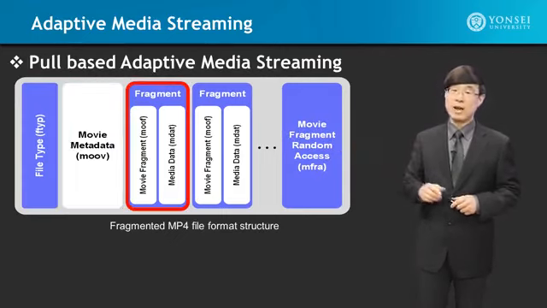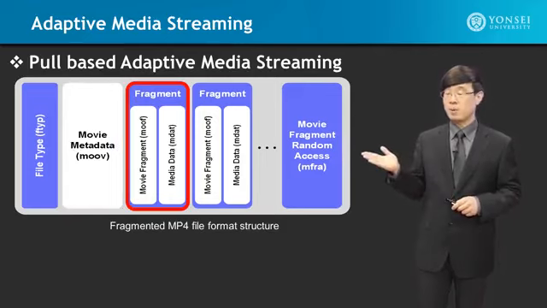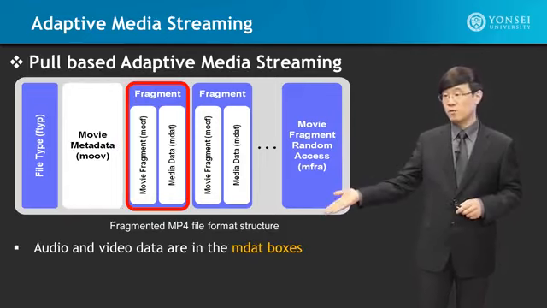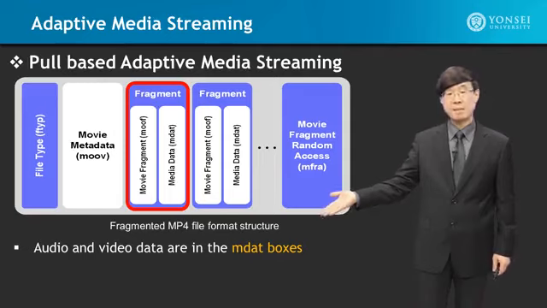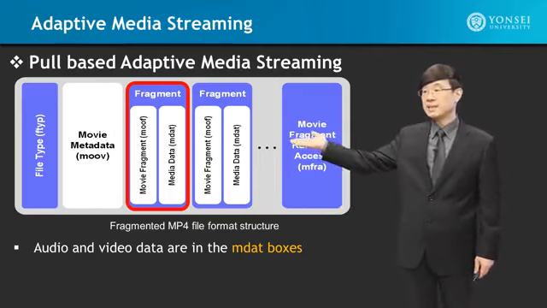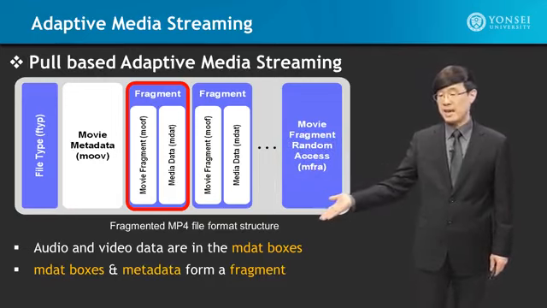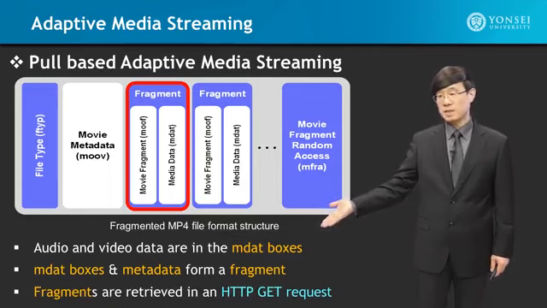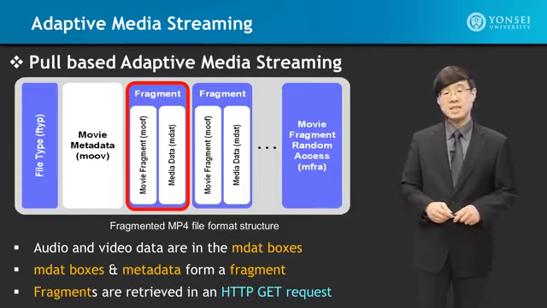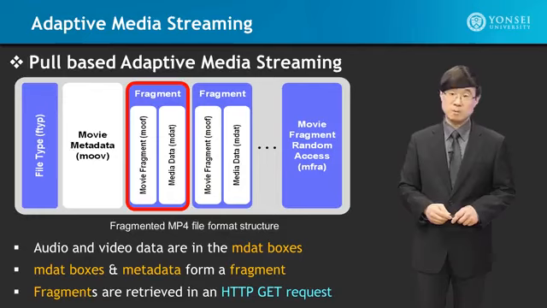Then we go into the fragment part. In the fragment part, you can see that the audio-video data are in the MDAT boxes. MDAT stands for media data. And you will see that the MDAT boxes and the metadata form a fragment. In addition, fragments are retrieved in an HTTP GET request message.